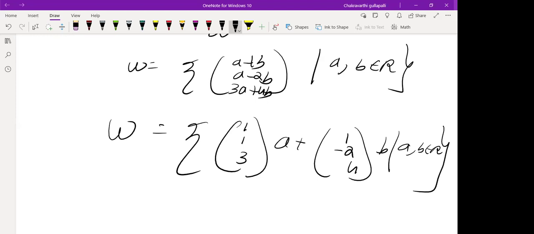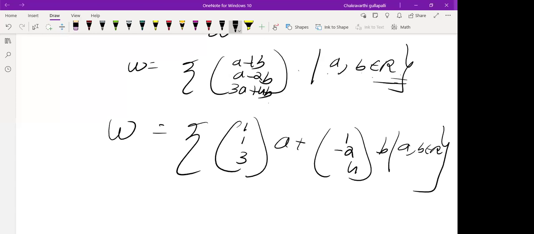Why infinite? You can give any value for A and B. If you give A equal to 1, B equal to 0, you will get one vector: 1, 1, 3. If you give A 0, B 1, you will get another vector: 1, minus 2, 4. If you give A equal to 1, B equal to 1, substitute, you will get another vector. Like that, infinitely many vectors are there.